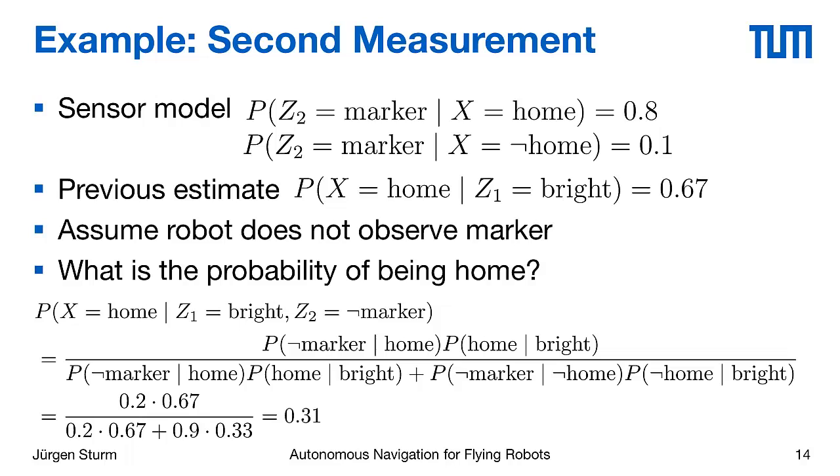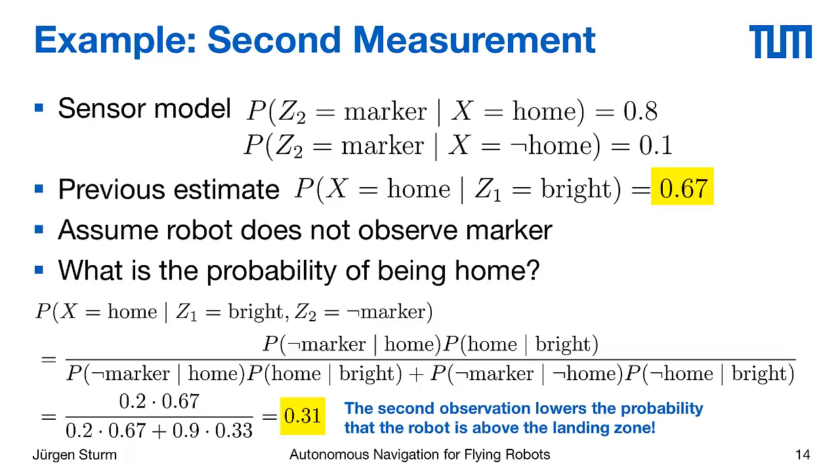And now the question is, what is the probability of being home now that we have obtained the second sensor measurement? Now we can either apply this recursive Bayes rule from the last slide, or we can just apply Bayes rule once more and reuse the values that we've already computed. By doing that and filling in the values, we obtain a probability of 31% after we have not observed this visual marker.